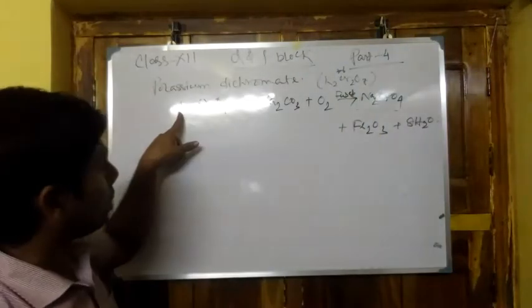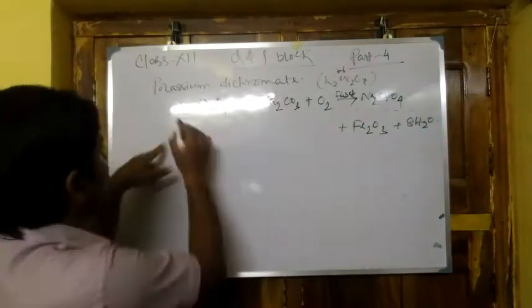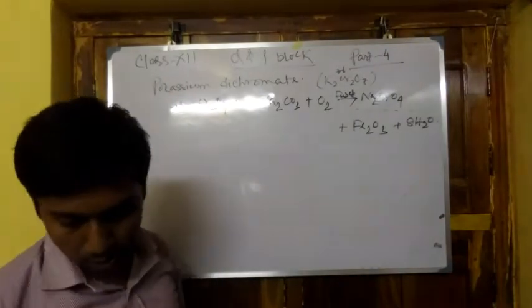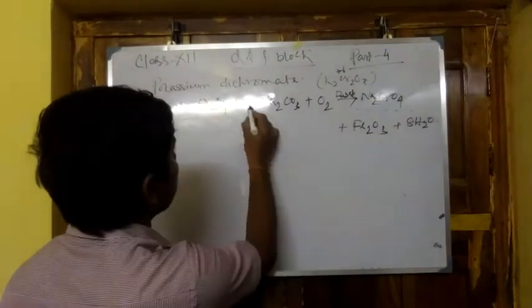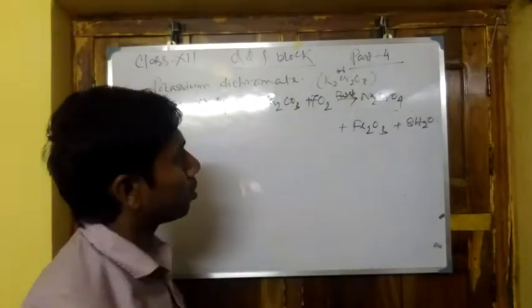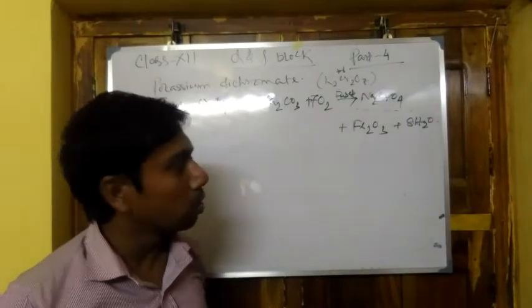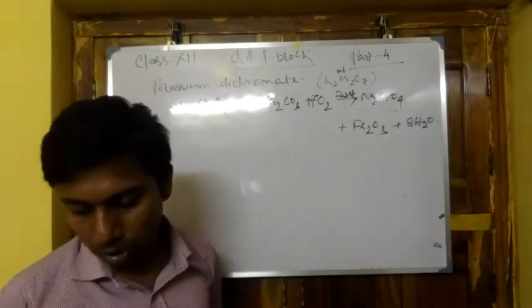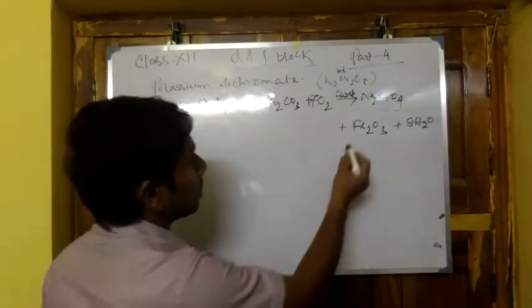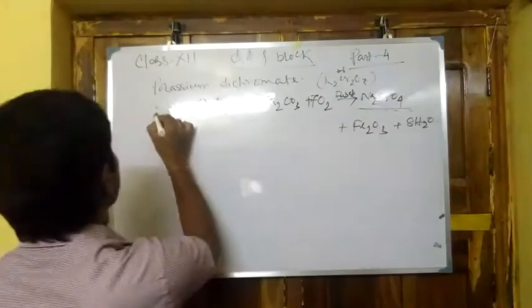The reaction is 4FeCr2O4 plus 8Na2CO3 plus 7O2 giving 8Na2CrO4 plus 2Fe2O3 and 8CO2. This fused mass is step 1.